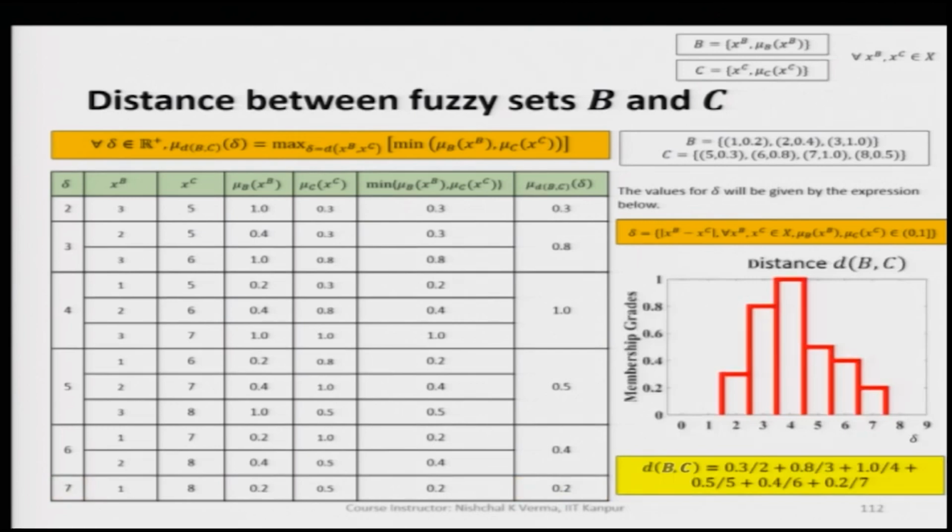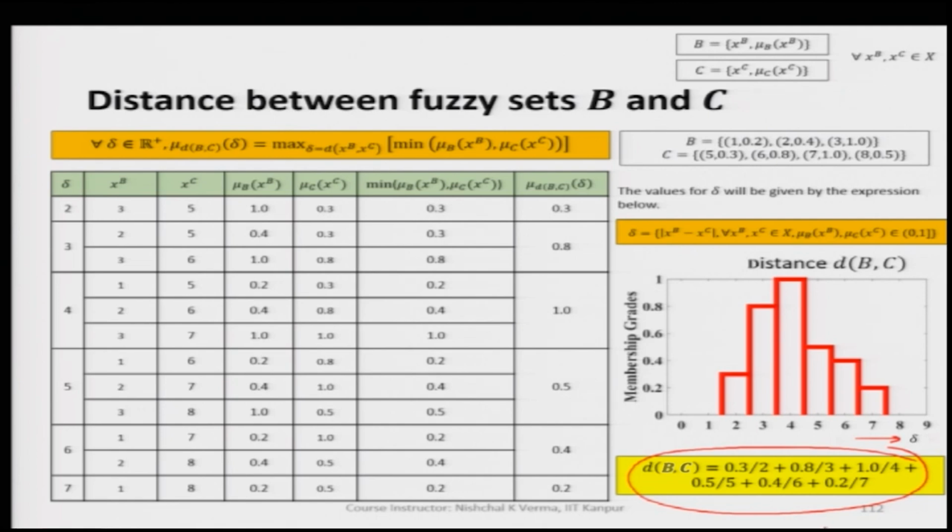We see here that when we pick these membership values and the corresponding delta values from the last column and first column respectively, we get a discrete fuzzy set, and this is nothing but the distance between the two fuzzy sets B and C over the generic variable x.